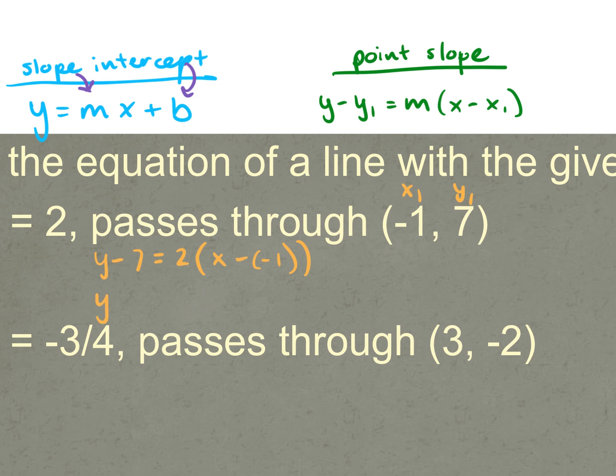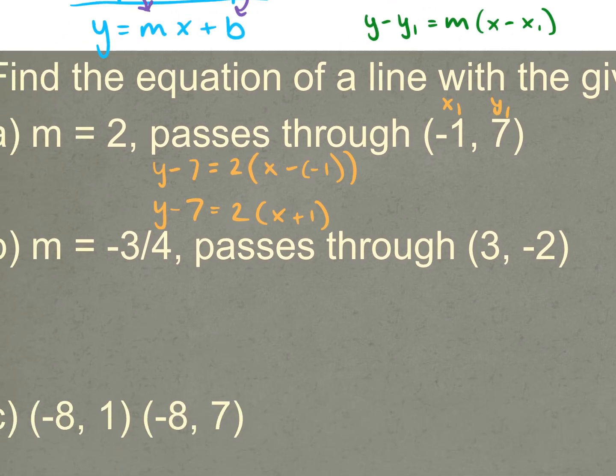X plus 1. So y minus 7 is equal to 2 times x plus 1. So this is an equation of a line. So all we had to do here is plug it in. It's just asking us for the equation of a line.